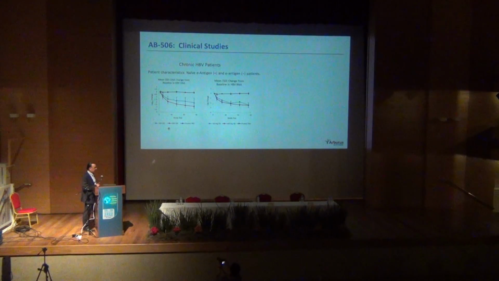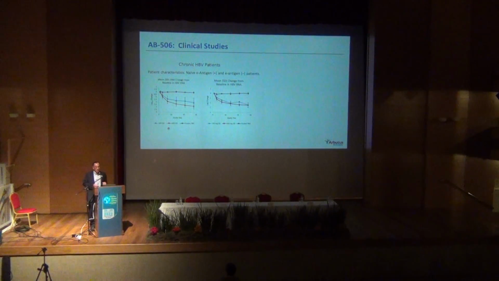We also then took it into HBV patients and demonstrated a nice dose-dependent reduction in HBV DNA at 160 milligrams or 400 milligrams. So we're getting about 3 log reduction in HBV DNA at the 400 milligram dose, and also we can see the reduction in HBV RNA.